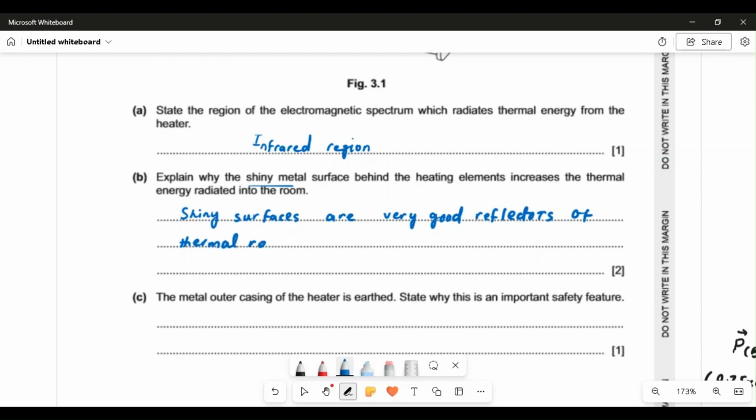As the shiny surface reflects almost all of the radiation into the room, the room temperature increases.